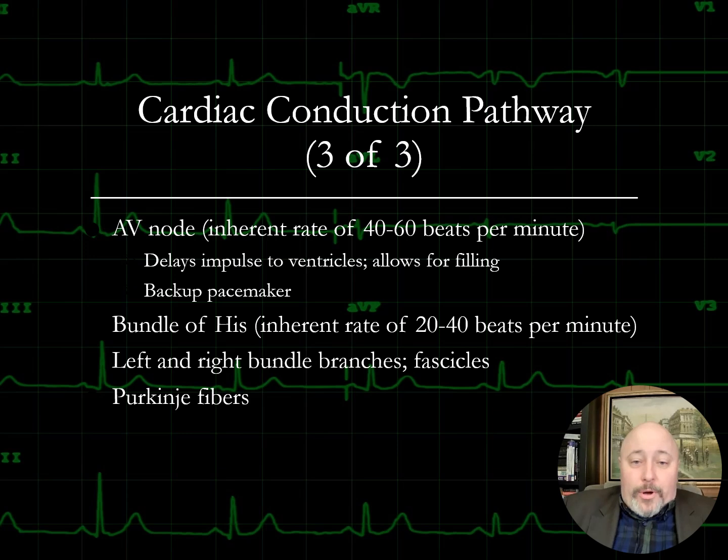The electrical impulse is then rapidly conducted through the bundle of His to the ventricles via the left and right bundle branches. The left bundle branch further divides into the left anterior and left posterior fasciculi. The bundle branches divide into smaller and smaller branches, finally terminating in tiny fibers called Purkinje fibers that reach the myocardial muscle cells or myocytes. The bundle of His, the right and left bundle branches, and the Purkinje fibers are also known as the His-Purkinje system.